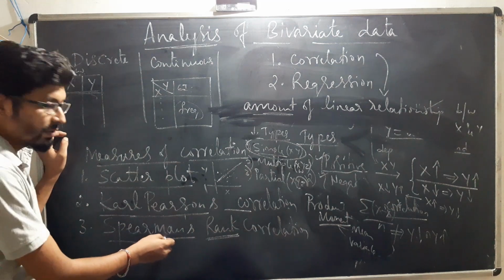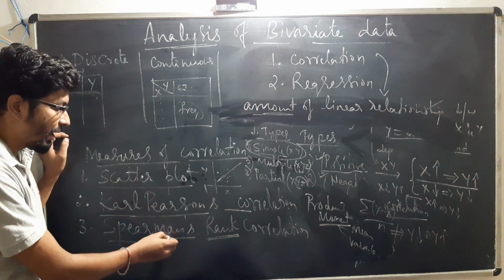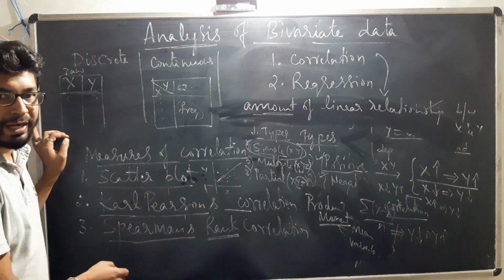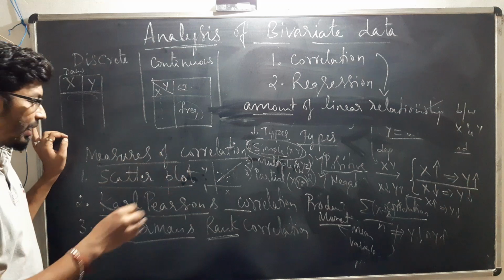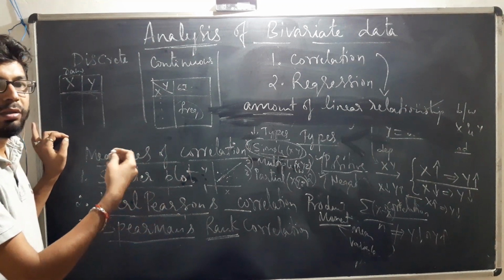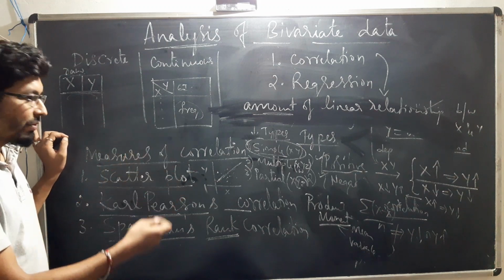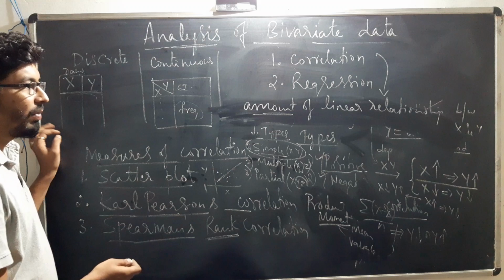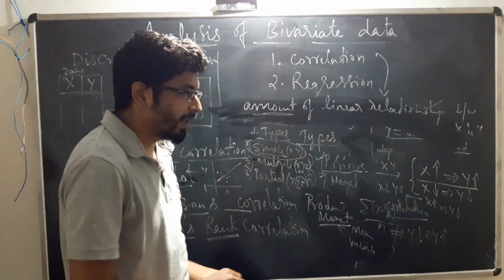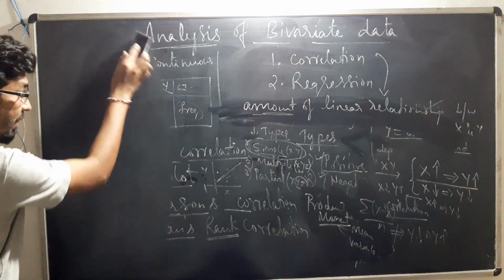Whenever you have some qualitative data, some grades, that is non-numerical data, you can apply Spearman's rank correlation by assigning the ranks in order. Karl Pearson uses x and y in all those cases of numerical data where you have x and y values recorded. If you want to obtain the amount of linear relationship between x and y, you could apply Karl Pearson's coefficient of correlation.